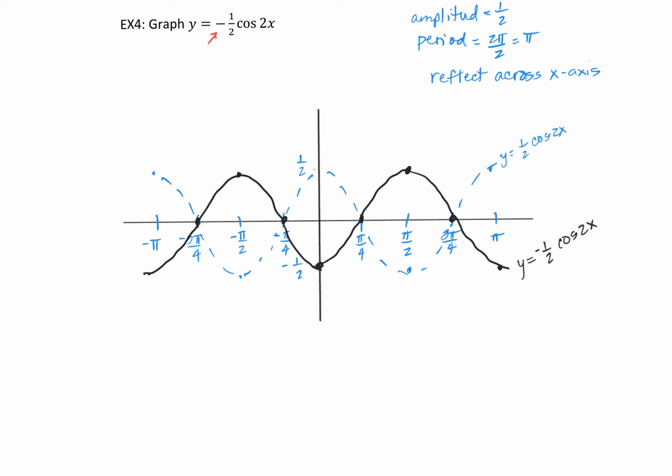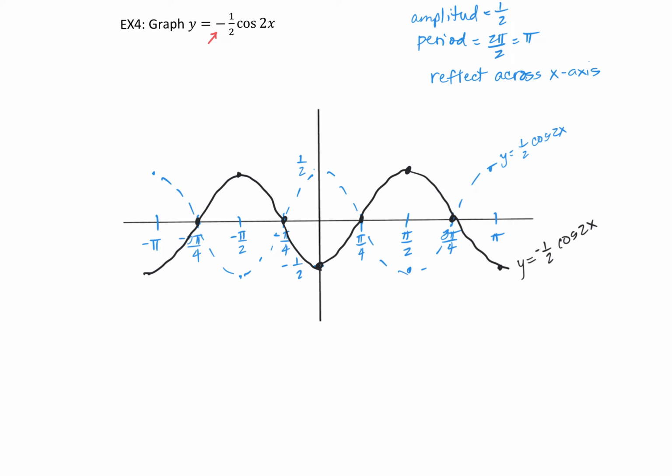So we've done amplitude, which would be a stretch vertically or a shrink. We have done the period change, which would be a horizontal shrink or stretch. And now we've also looked at reflections across the x-axis. The final transformation that we're going to look at, we actually have 2 more, is going to be those shifts that go left, right, up, and down.